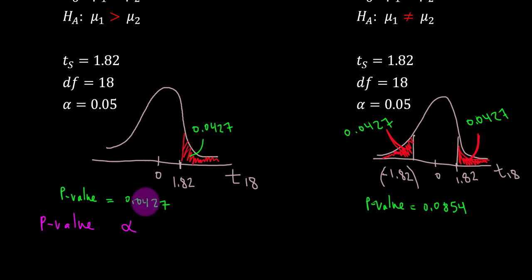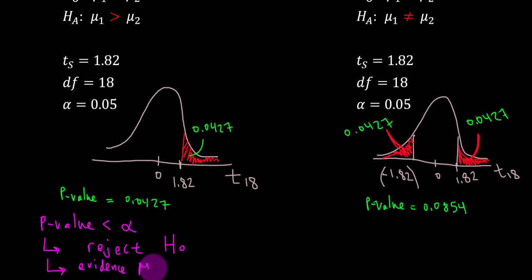Our p-value is about 0.042, so therefore our p-value is less than alpha, and our conclusion should then be to reject the null hypothesis. The way we would interpret that if we had some context here is that there is evidence that mu1 is greater than mu2.